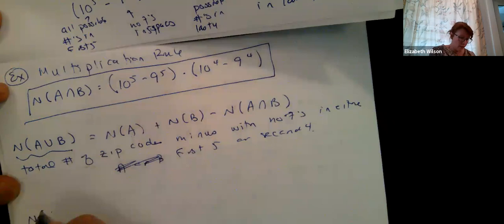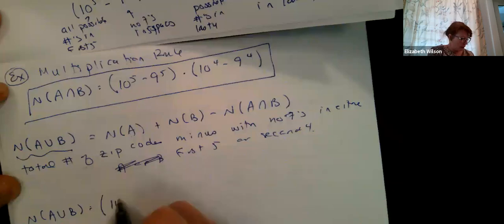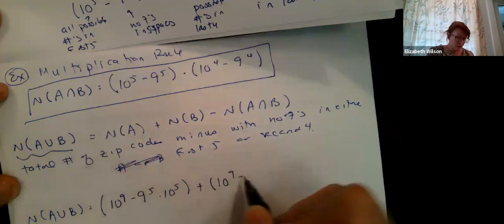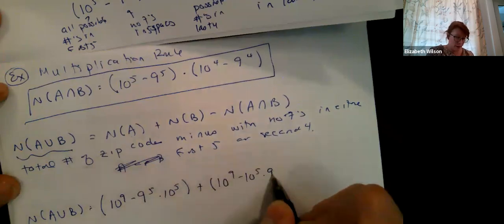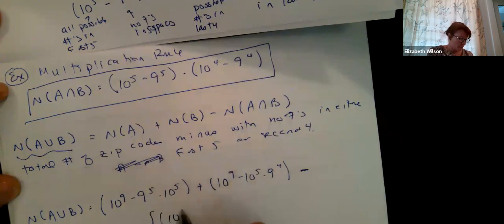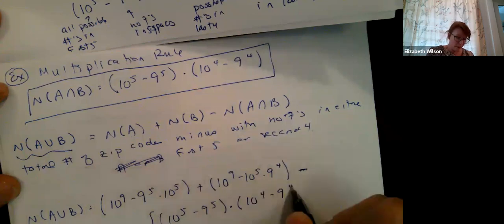NA union B, the number of their union is going to be, so let's write down our A. So this was 10 to the 9 minus 9 to the 5 times 10 to the 5 plus NB, 10 to the 9 minus 10 to the 5, 9 to the 4, minus, I'll put that bracket down here, minus this whole thing here, 10 to the 5 minus 9 to the 5 times, this is our intersection, 10 to the 4 minus 9 to the 4, bracket.